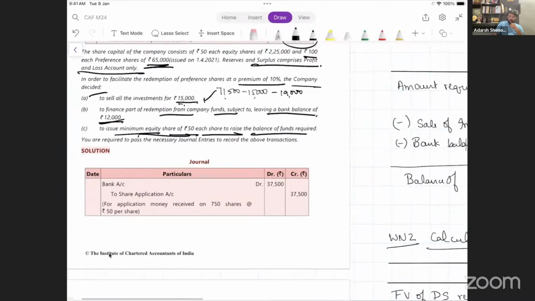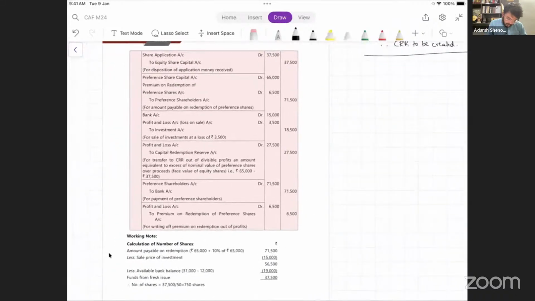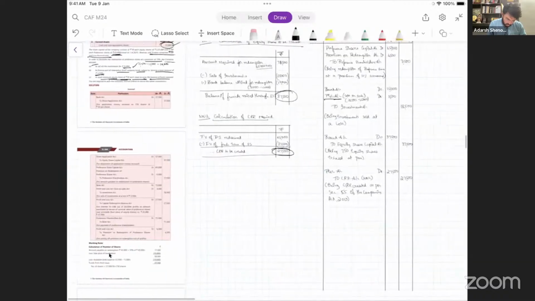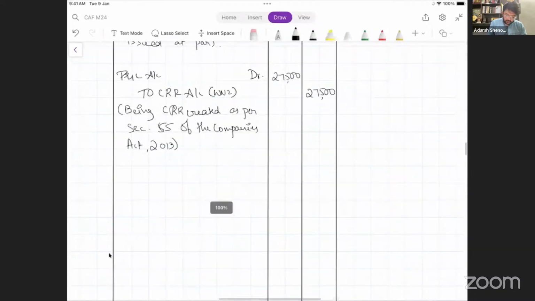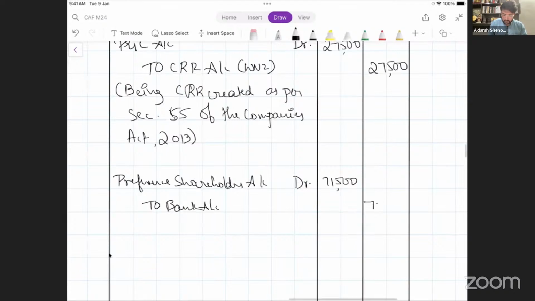CRR created, done. Now we have to go ahead and make the payment. Preference shareholders account debit. Section 55 done, no? Everything done. Now just going and making the payment. 71,500 to bank account 71,500.